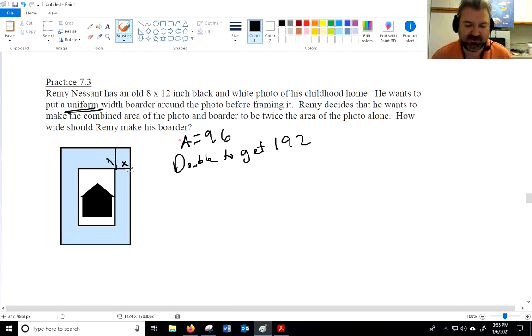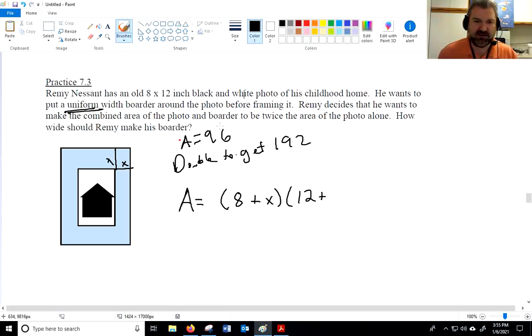Whoops, mine doesn't really look very uniform, but you get the idea. So my new area is going to be 8 plus X and 12 plus. Well, whoops, I just made a big mistake. Did you catch it? Because guess what? When we add that new area, it's not going to be just X in this direction.